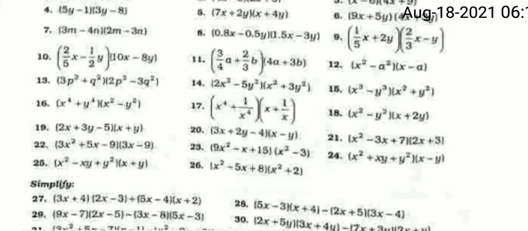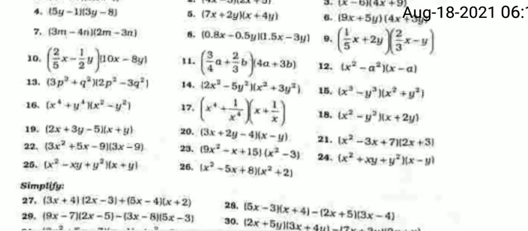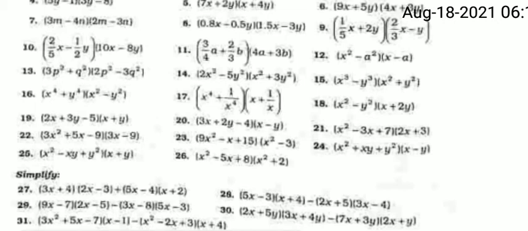Students, in question number 17, the exercise is on the multiplication of algebraic expressions. So question number 17 here says: x to the power 4 plus 1 by x to the power 4, into x plus 1 by x.